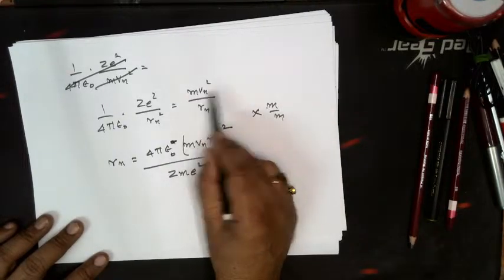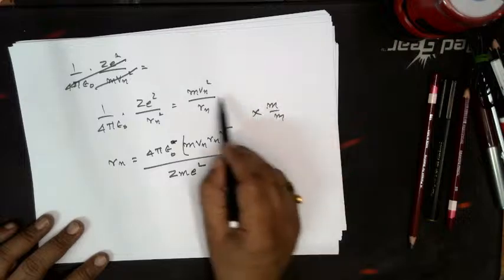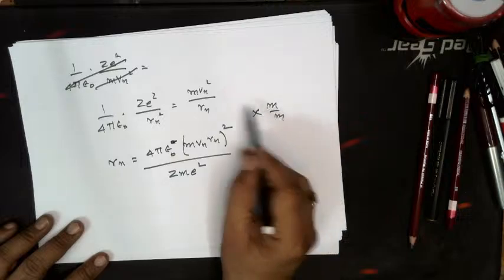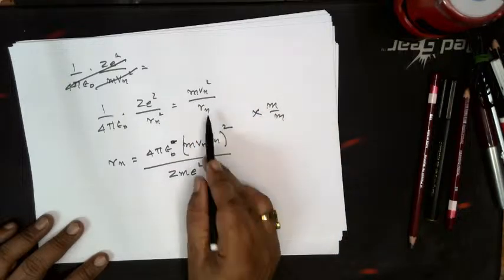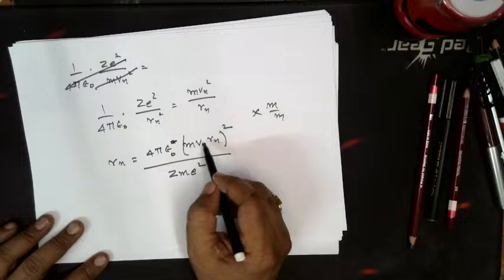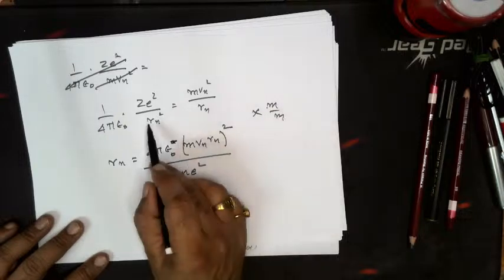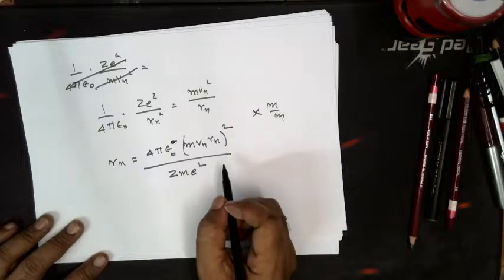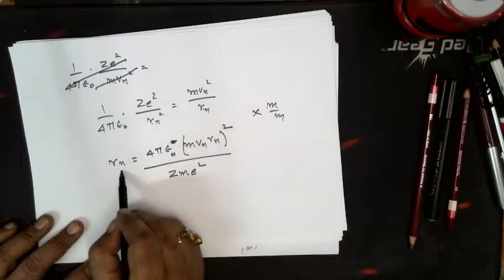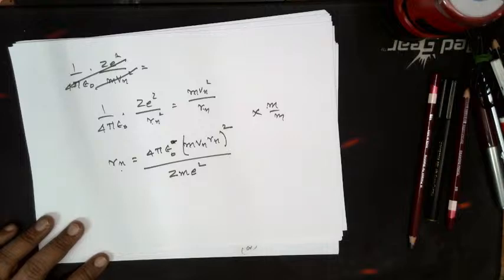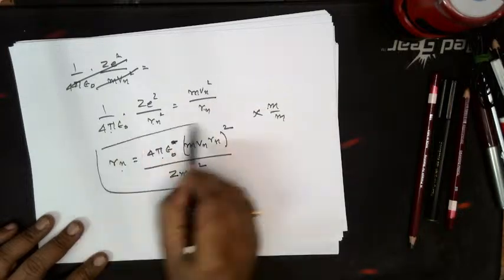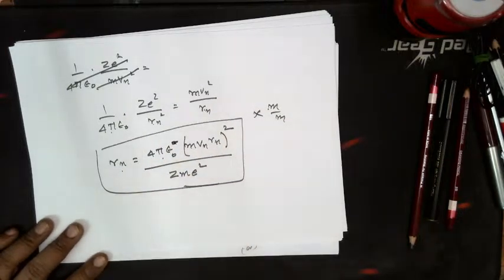I am multiplying and dividing by m, so it becomes m squared, m whole squared, and this Vn squared. And you have got this Rn, so I have put Rn. Now I have taken this Rn this side, and 4 pi epsilon naught has come this side, so I have made this Rn.